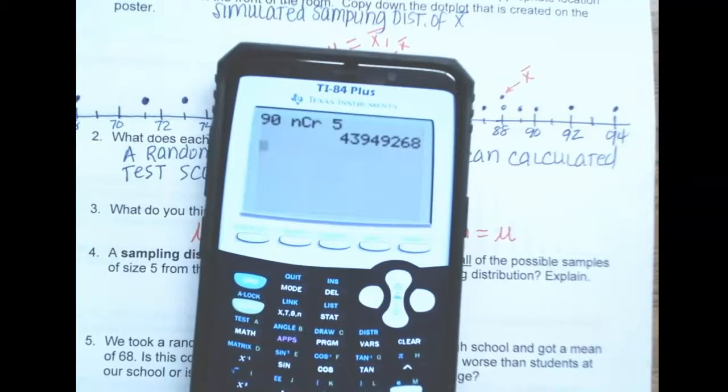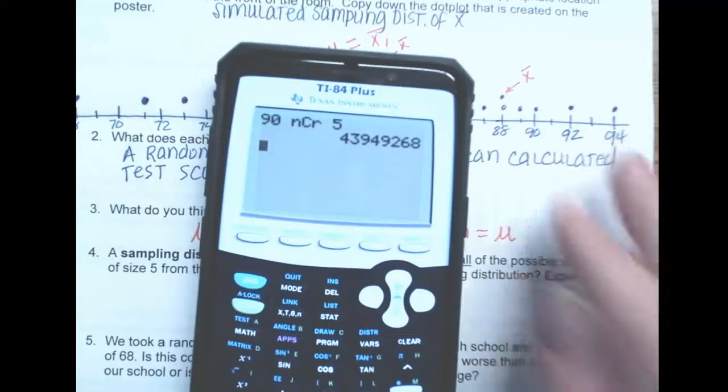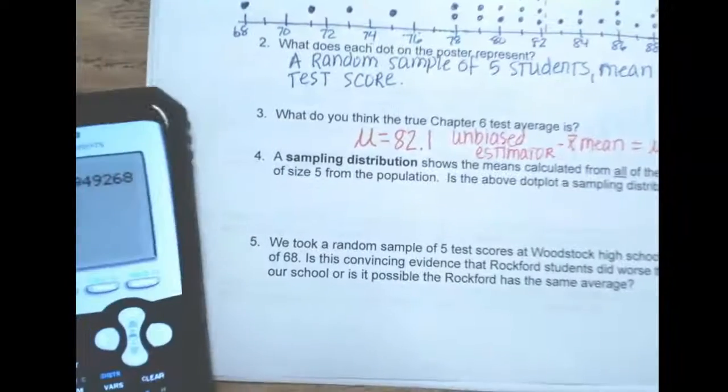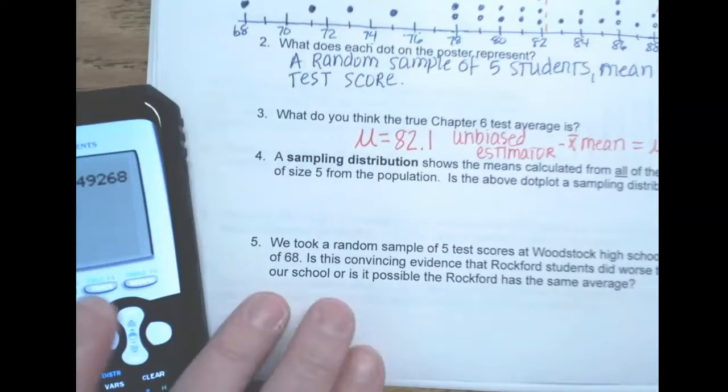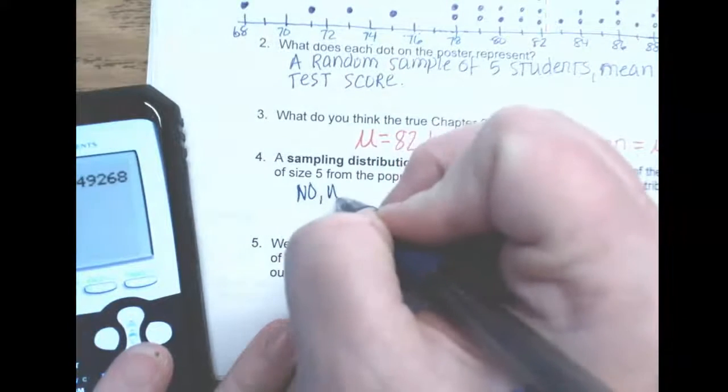So we would have had a dot plot with 43,949,268 dots on it. And so this isn't a true sampling distribution. It's an approximation of one, but that's what we're going to use for our purposes. Okay, so here on number 4, your answer is no. We didn't take all possible samples.